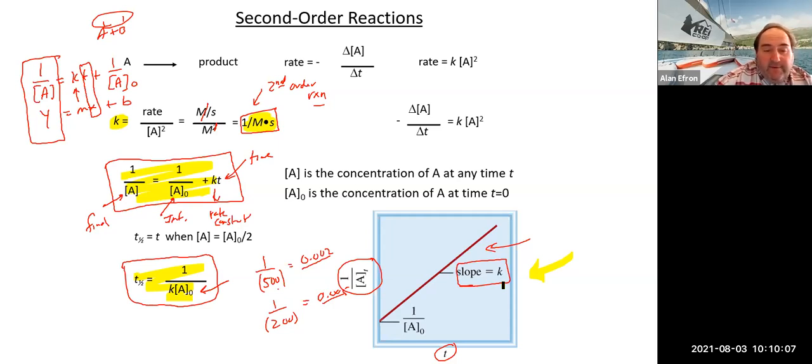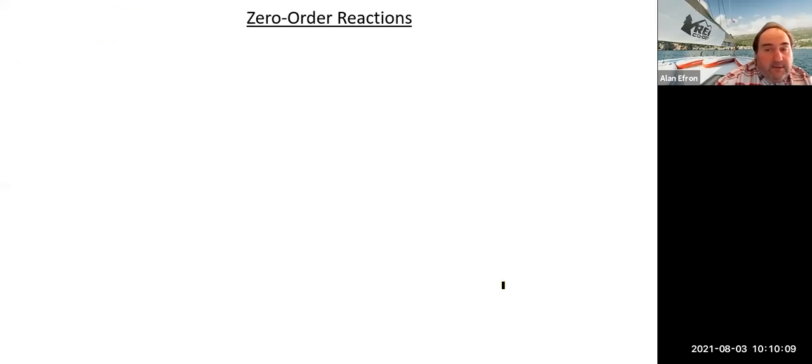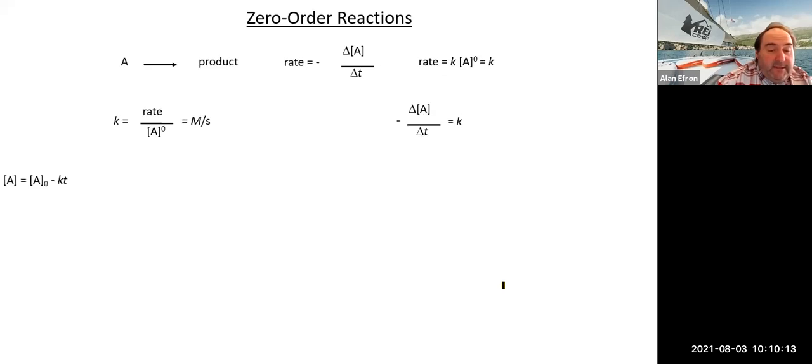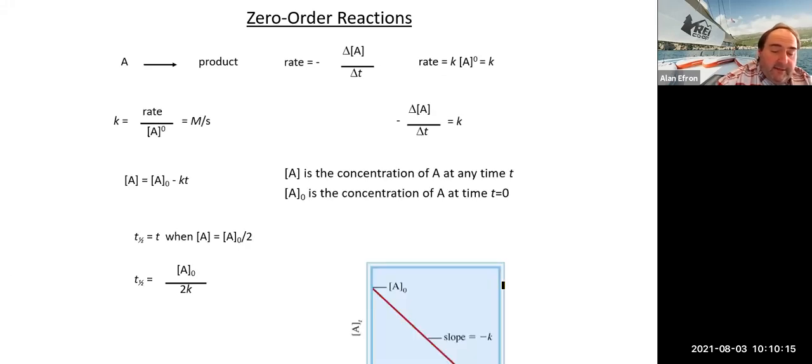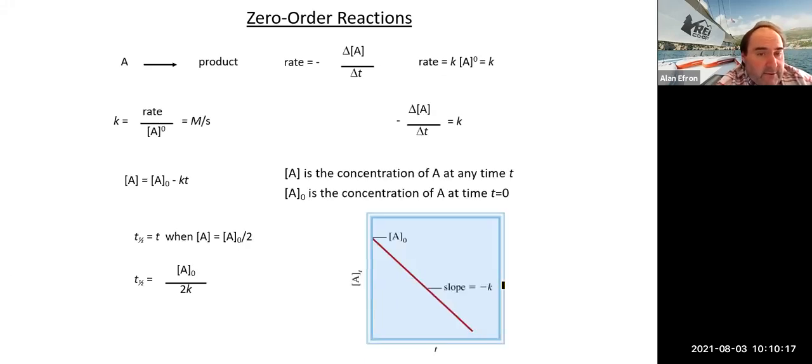Now, the last type of order that's very common that we come across is zero order. It also has some similarities and some differences to the other orders of reaction. In the case of a zero order reaction, you're probably going to have one reactant where it is zero order. And remember, something to the zero order equals 1.